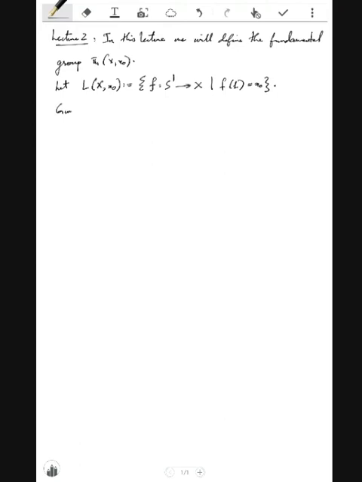So giving such a map is equivalent to giving a map gamma from 0, 1 to x, such that gamma of 0 is equal to gamma of 1 is equal to x0.